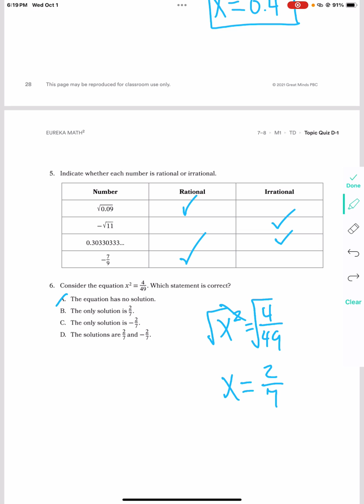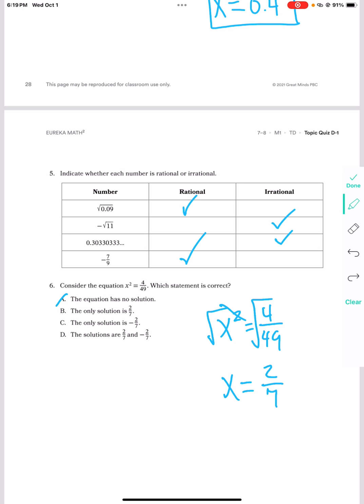Now letter B says the only option is 2 over 7. I mentioned this in the beginning, because if we think back to lesson 18, I like to reference that lesson because y'all were doing pretty good with it.